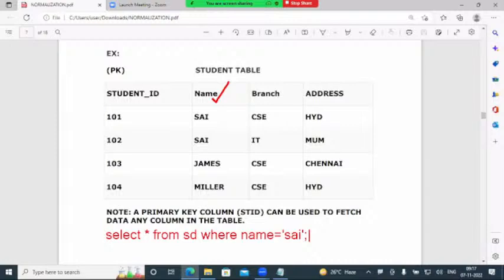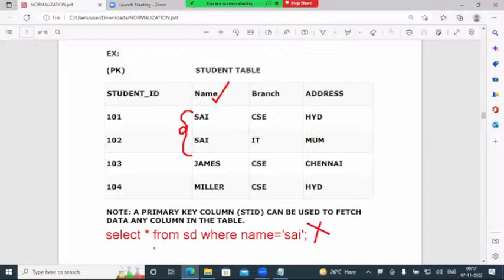When I give Sai, what happens? For example, in your table, how many people have names matching Sai? All those people come to us. But I don't want all people, I want a specific person. So this is not possible.